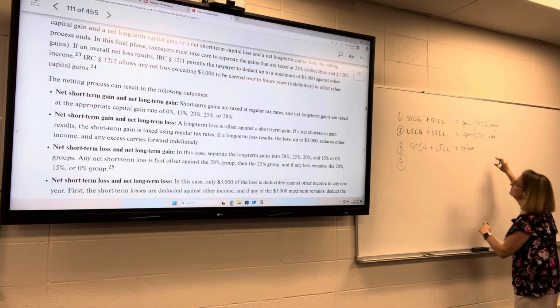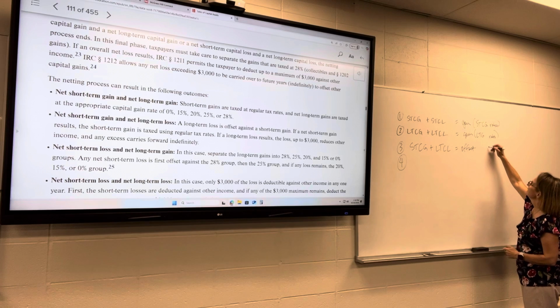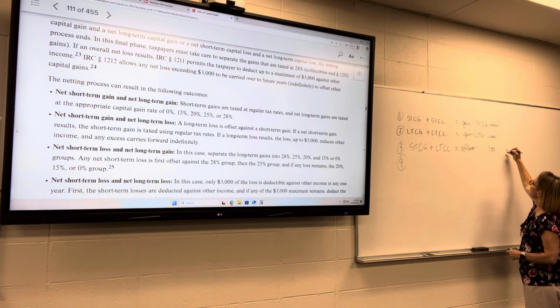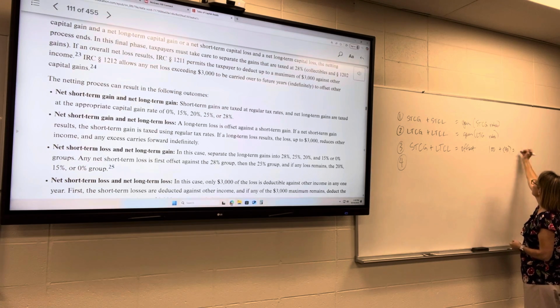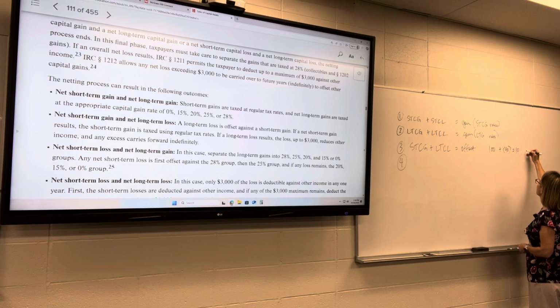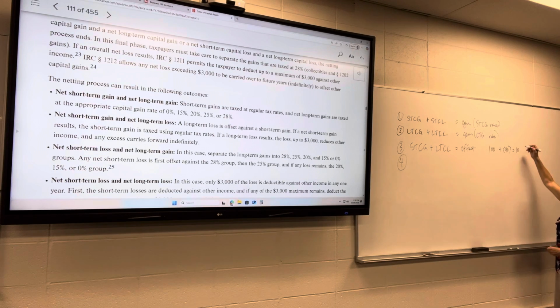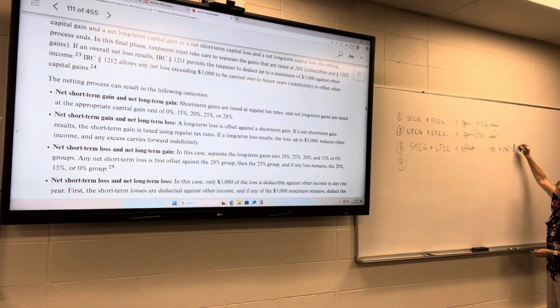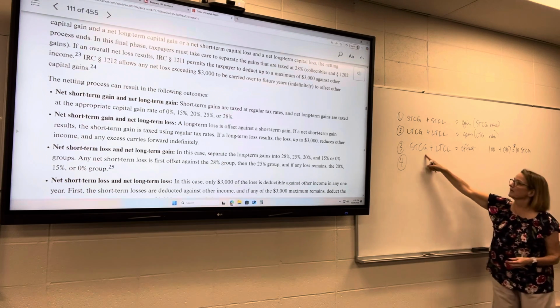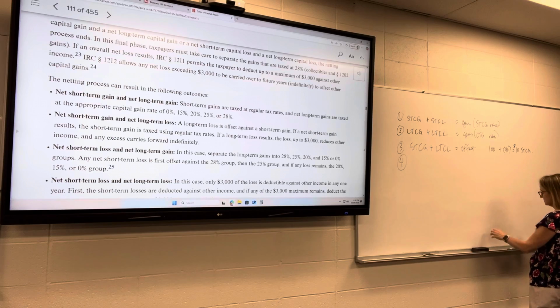For example, if a short-term capital gain is 100 and the long-term capital loss is 90, we're going to combine those two, and what we get is a $10 short-term capital gain. Okay, so short-term capital gain, long-term capital loss, we get to offset those against each other.